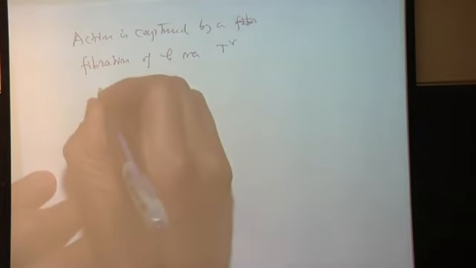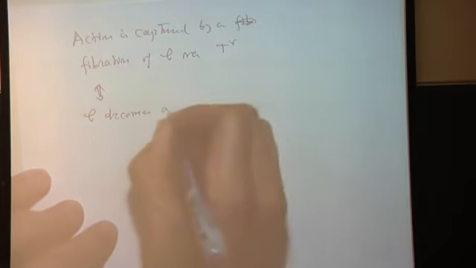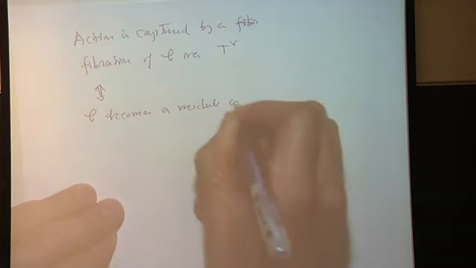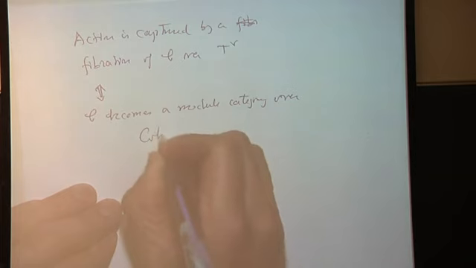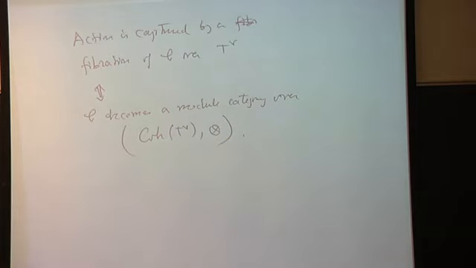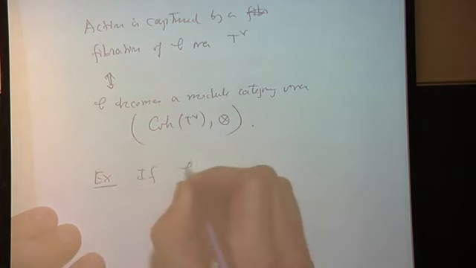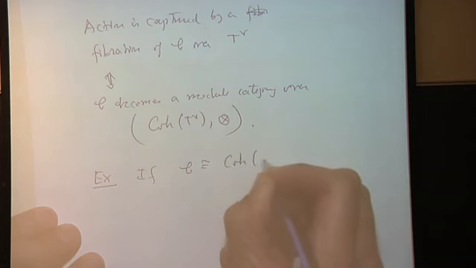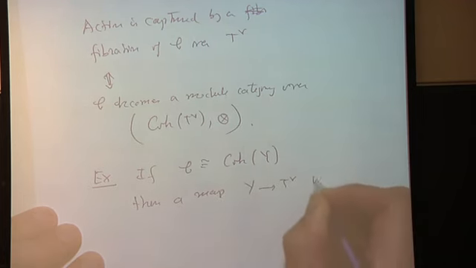Or equivalently, you can also say that C becomes, if you prefer this formulation, a module category over the tensor category of coherent sheaves on T-check. Now, an example of such a thing: if C was equivalent to the category of coherent sheaves on some, let's say, Y, then a holomorphic map or an algebraic map, let's say, a map from Y to T check would provide such a structure.